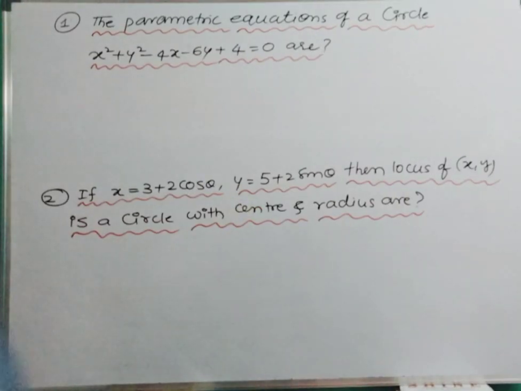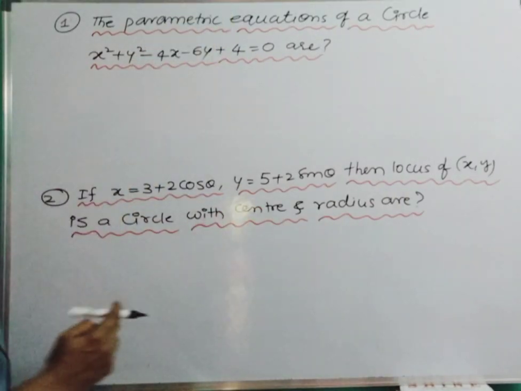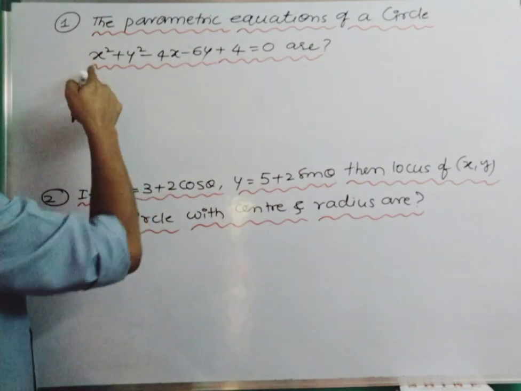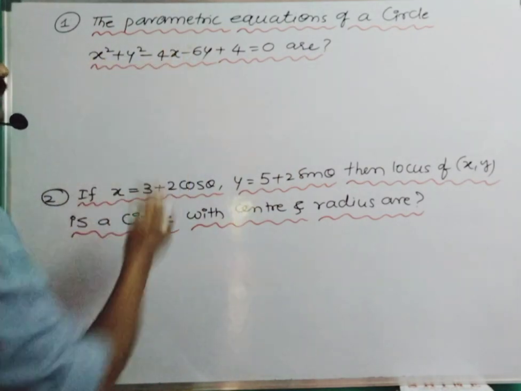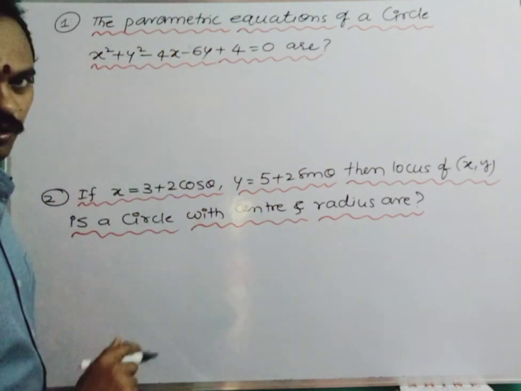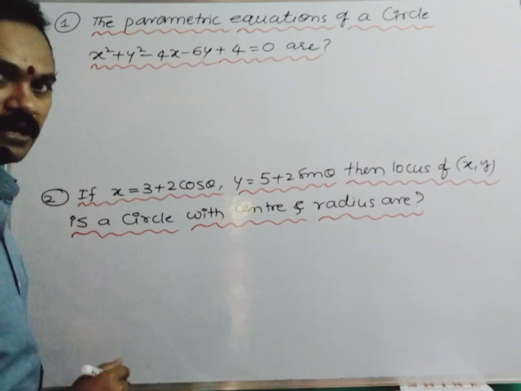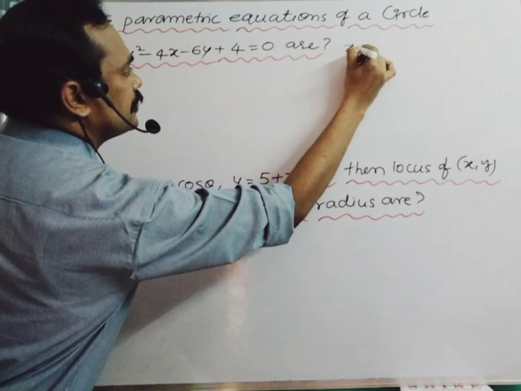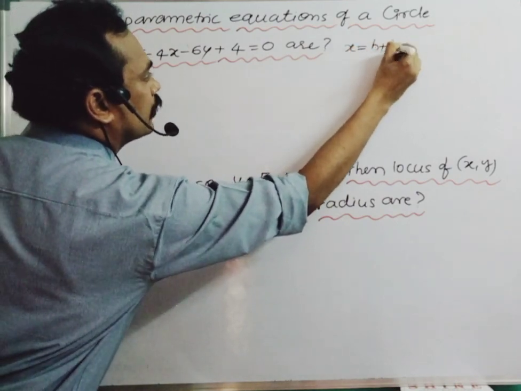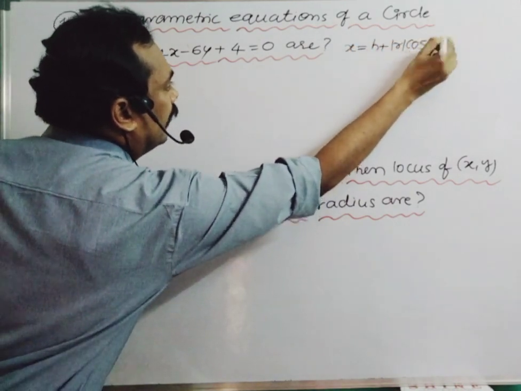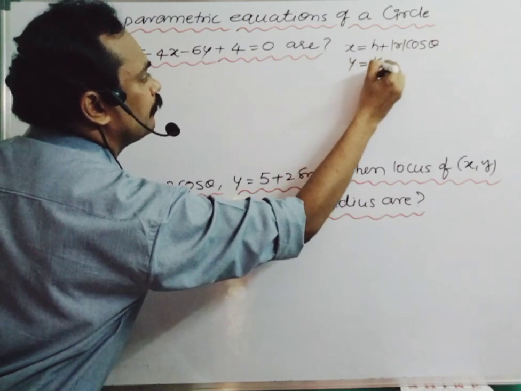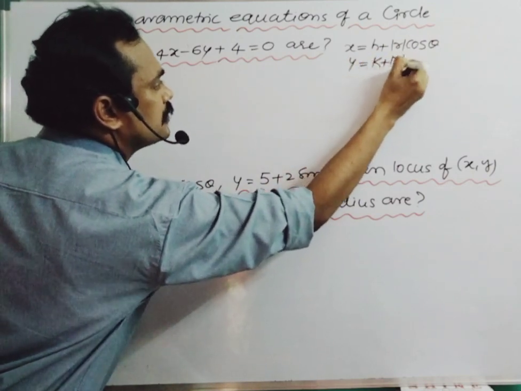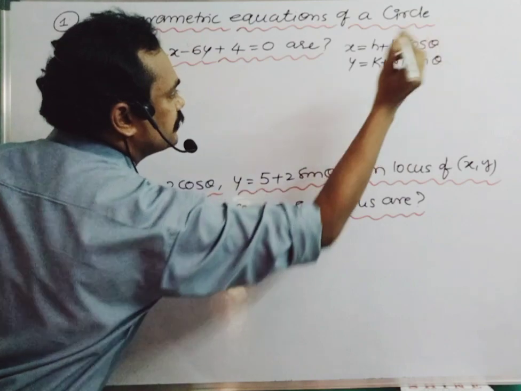Chalo, observe carefully. The parametric equations of a circle x square plus y square minus 4x minus 6y plus 4 equals 0 are? What are the parametric equations? Already you know. Parametric equations are x equals h plus r cos theta and y equals k plus r sin theta. Theta is a parameter.